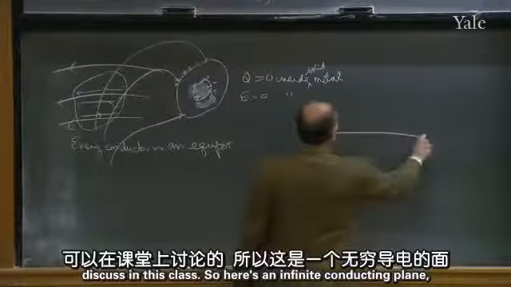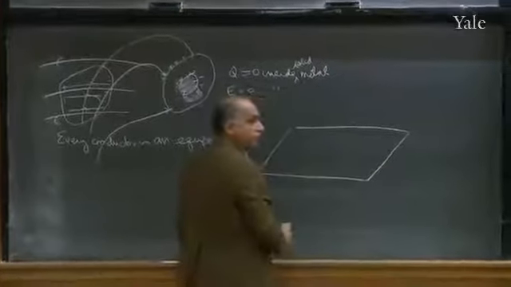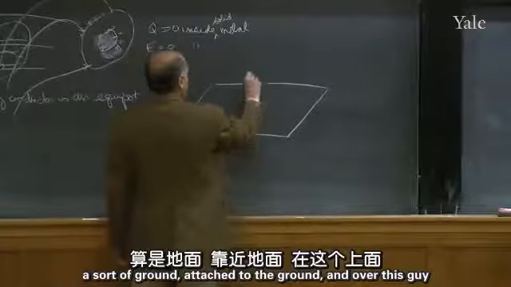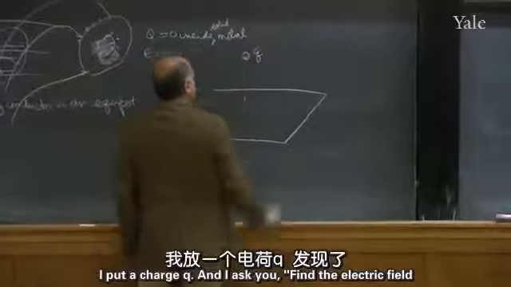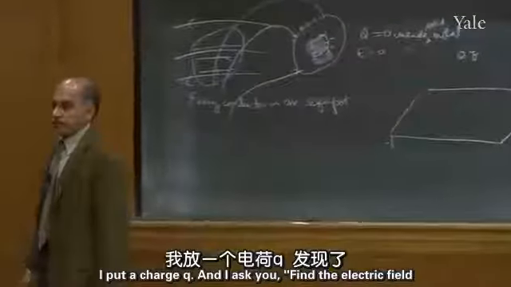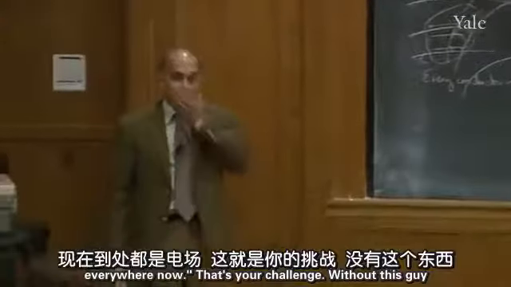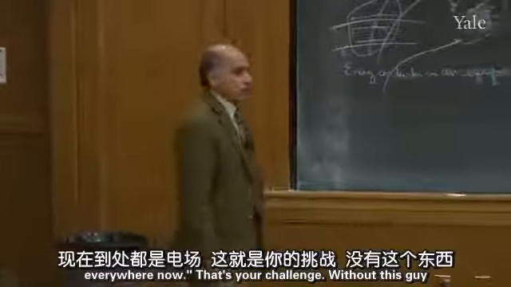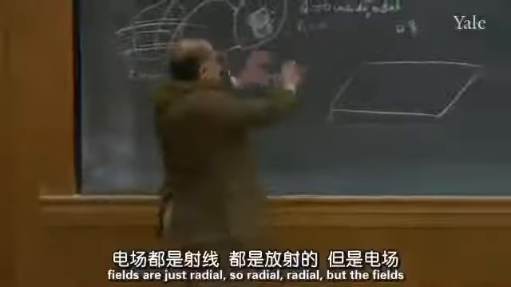So here's an infinite conducting plane, a sort of ground, attached to the ground. And over this, I put a charge Q. And I ask you, find the electric field everywhere now. That's your challenge. Without this, fields are just radial.